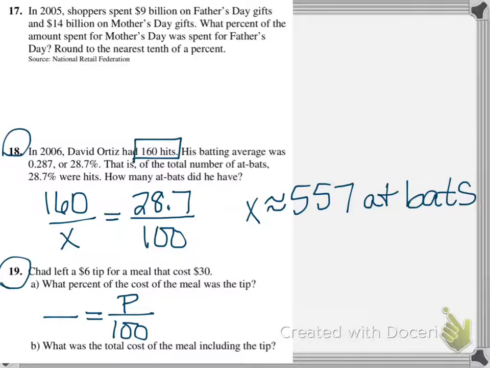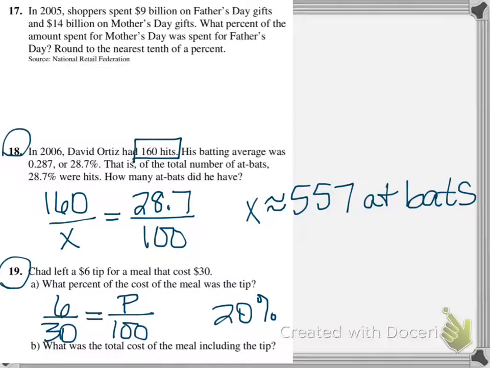Well, you know that the tip is going to be smaller than the cost of the meal, just like the percent is going to be smaller than 100. So your smaller number will go on top and your larger number on the bottom. That's not always the case. It depends on the information you're given. So then when I go through and solve this one, again, I would do cross products, and my percent ends up being, I believe, 20%.